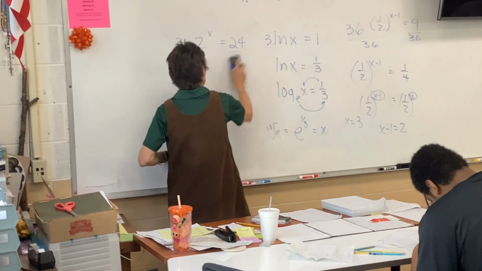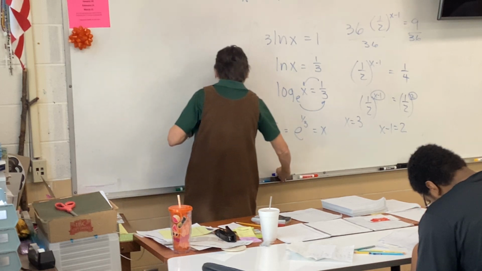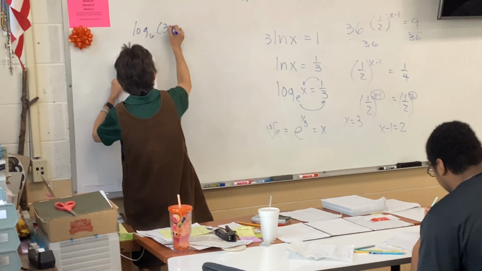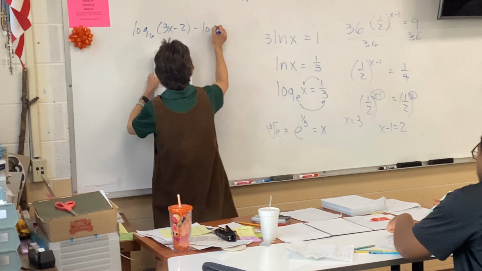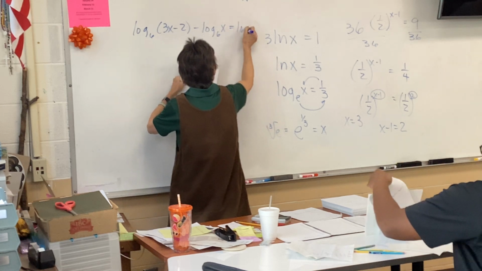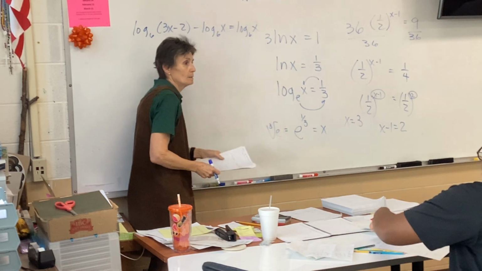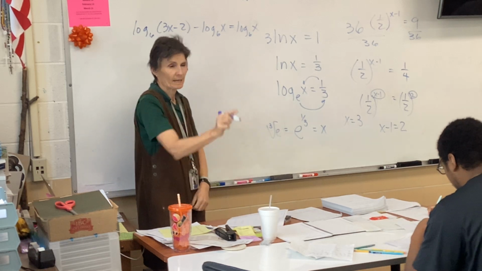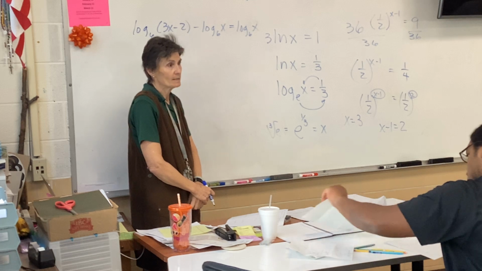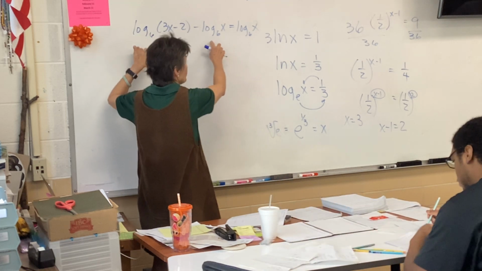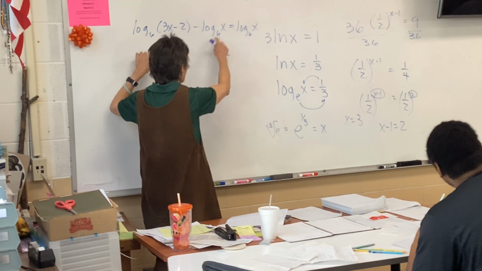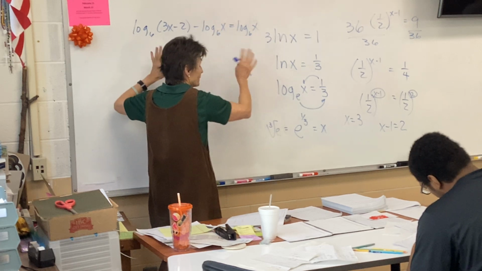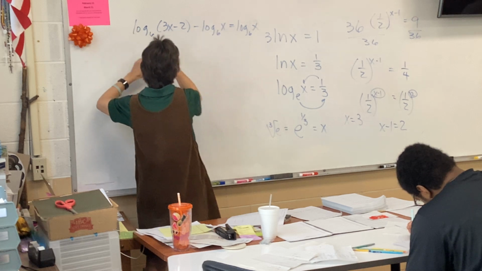All right, F is a monster. Let's wake up, be alert here, and see if we can figure out what we're supposed to do with this. We talked about these yesterday. Does anybody remember what I'm supposed to do with a problem like this? I gotta combine the logs, because when you have 2 on the same side, this is like a red flag. If you have 2 on the same side, you gotta deal with it. So we're gonna put those together.